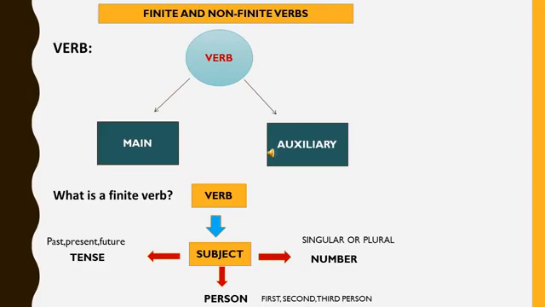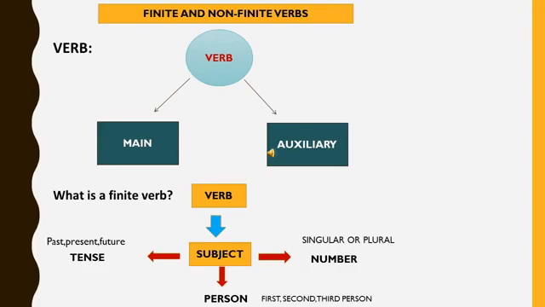Second, person, that is, the subject is first person, second person or third person. And third is number, that is, the subject is singular or plural. So a finite verb will change as per the tense of the sentence, the person or the number of the subject.